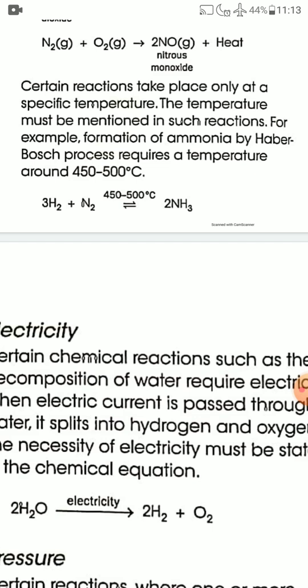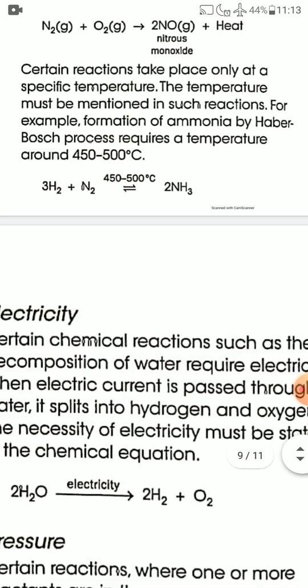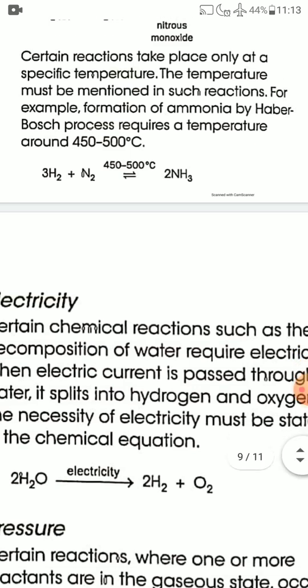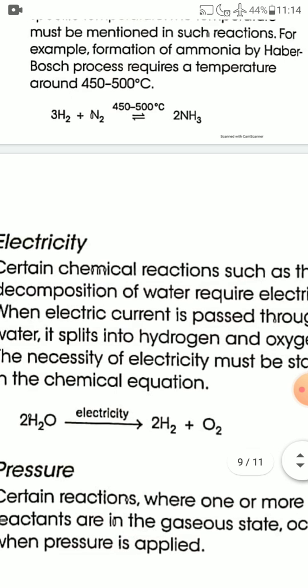You have to mention this temperature above the arrow. So the chemical reaction is 3H2 plus N2 reversible arrow, as the formation of ammonia gas from hydrogen and nitrogen gas is a reversible reaction. So you have to use a double headed arrow, and you have to mention the temperature 450 to 500 degrees Celsius just above the reversible sign.